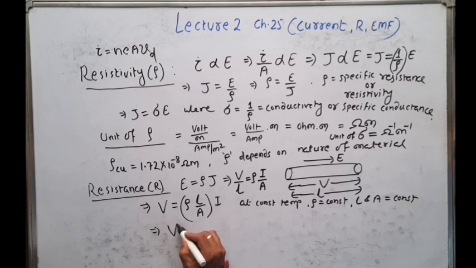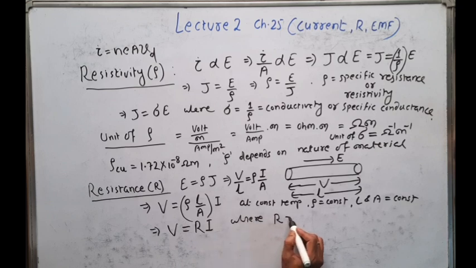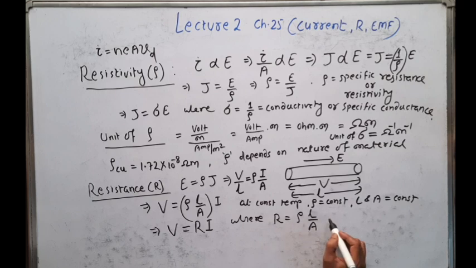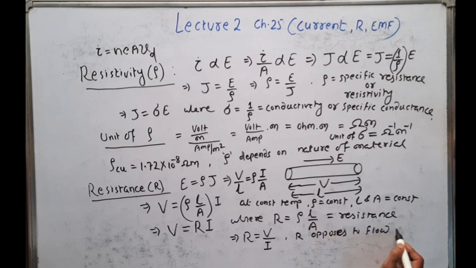That constant is nothing but R. This rho L by A is called R. So V is equal to R into I, where R is equal to rho L by A. This R is called the resistance of the conductor. Or you can say R is equal to V by I. Since R and I are inversely proportional, we can say resistance opposes the flow of current.